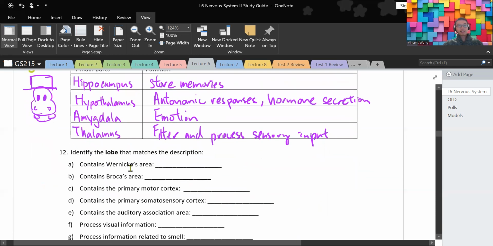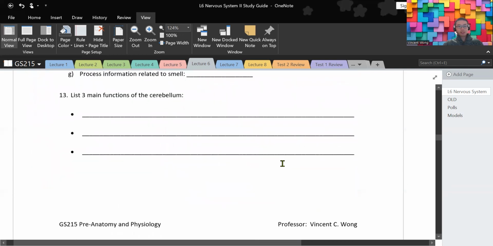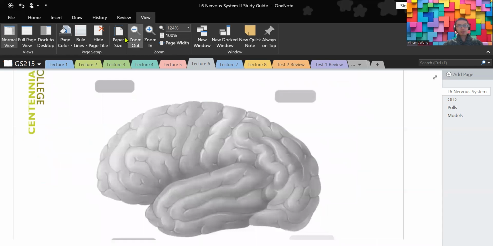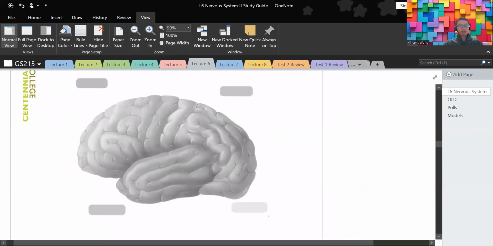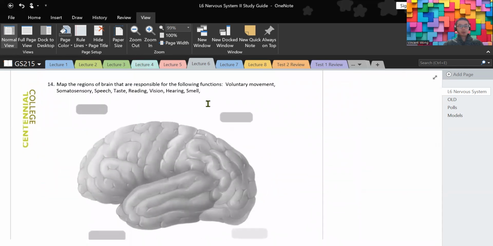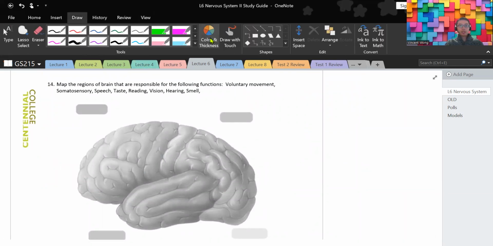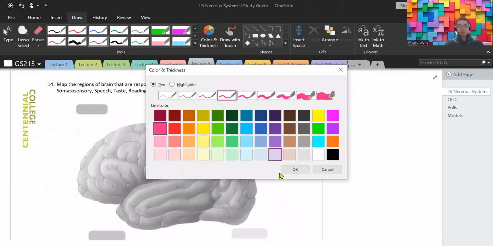Next, we have to identify the lobe that matches the description. Let's just go through what the lobes are first before we go through those questions. Here is a typical brain, and we should highlight the lobes.